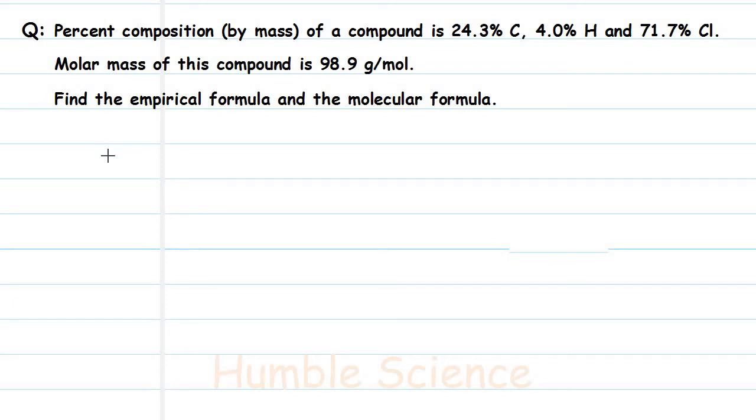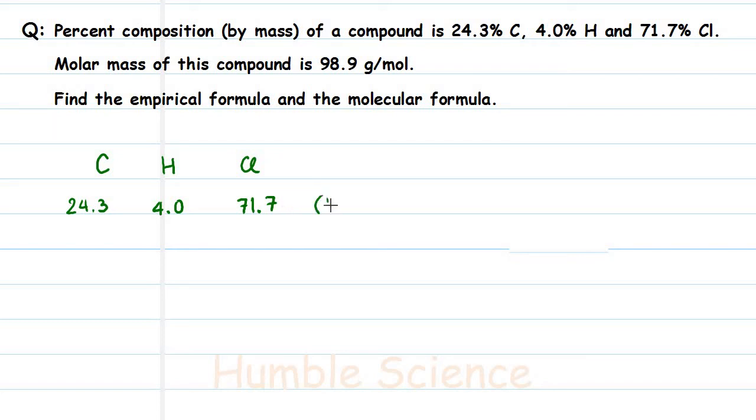Alright, again, we will set up each element, carbon, hydrogen, and chlorine, and it gives us 24.3%, 4% for hydrogen, and then 71.7 for chlorine.